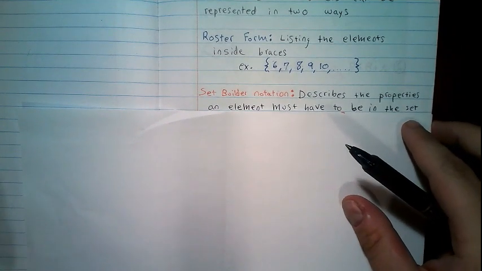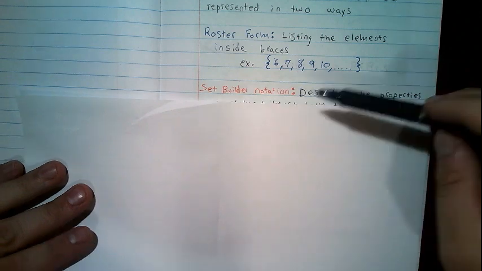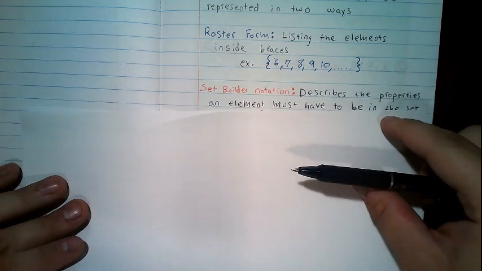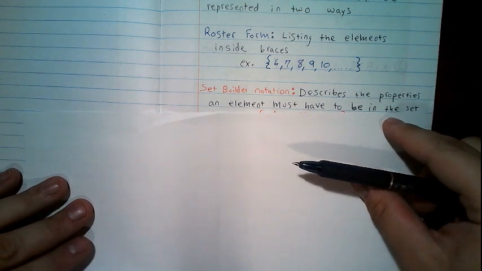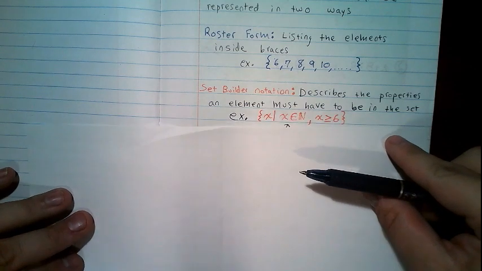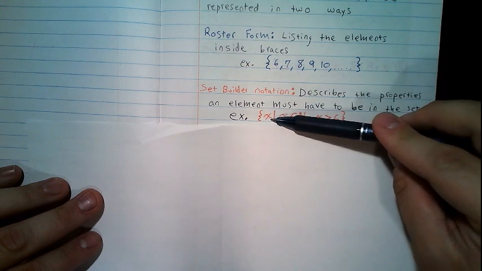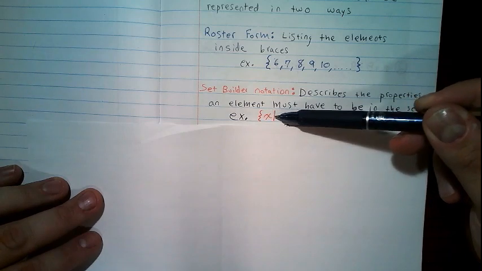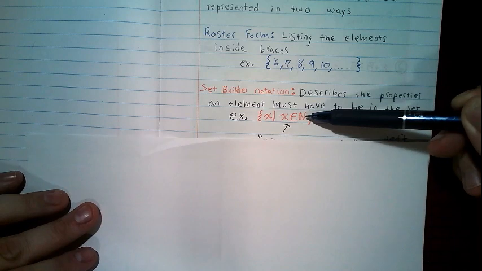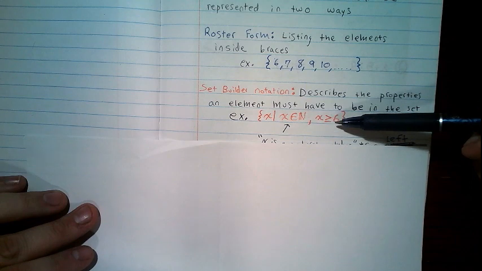The second way to represent a set is called set builder notation. This doesn't list out all of the elements. What this does is describe the properties that an element must have to be in the set. For example, we would write it this way: curly brace and then an x. This represents numbers x such that x is an element of the natural numbers and x is greater than or equal to 6.